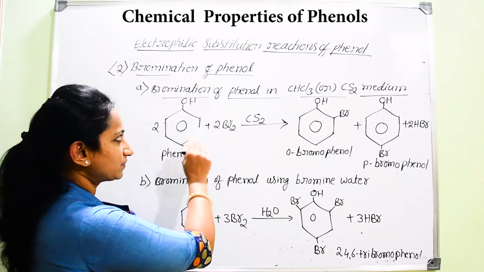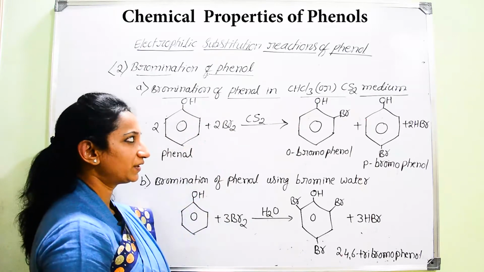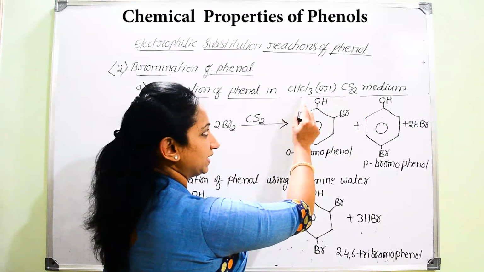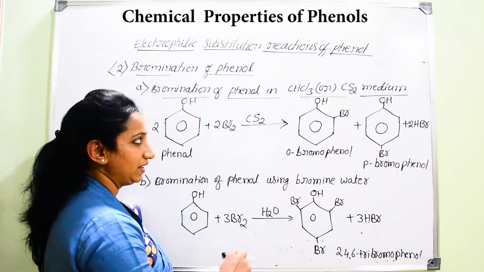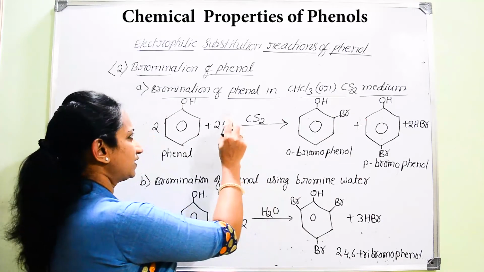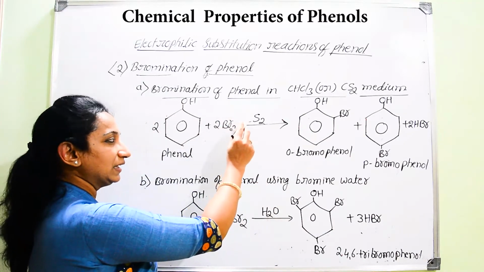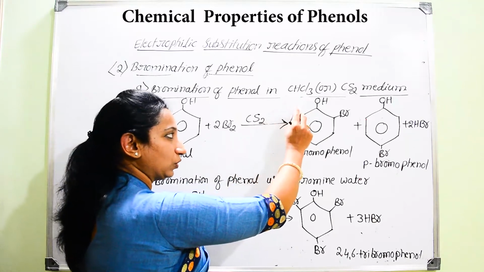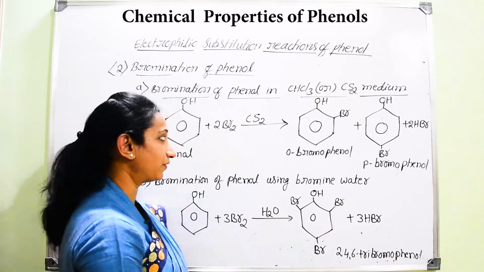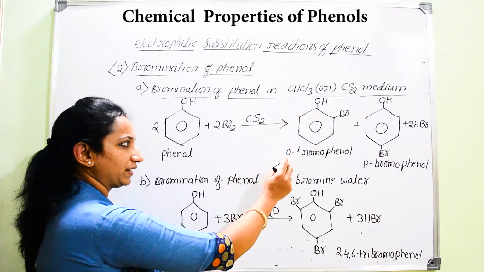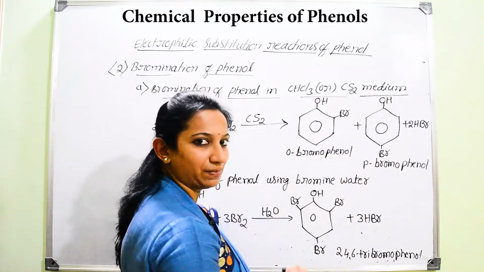In the very first method, the bromination of phenol can be done in a medium such as chloroform, CHCl3, or carbon disulfide, CS2 medium. If it is done in a medium of either chloroform or carbon disulfide, then you are going to get the substituted product at the ortho as well as the para positions.